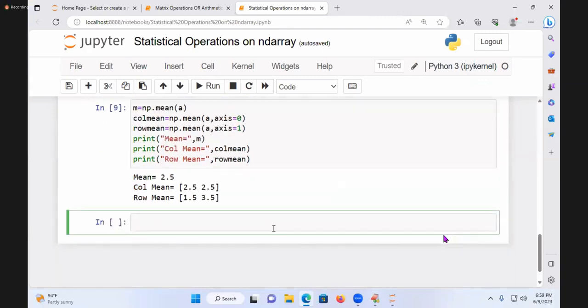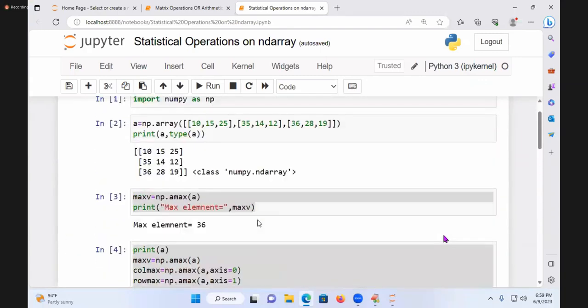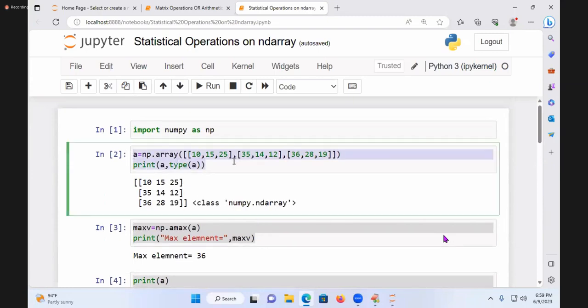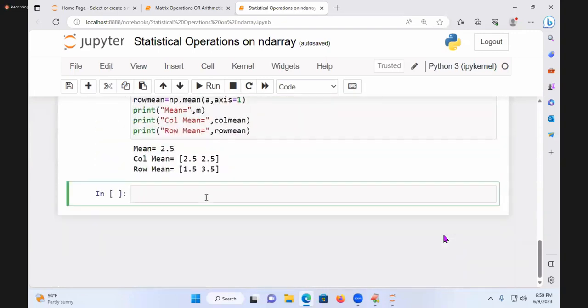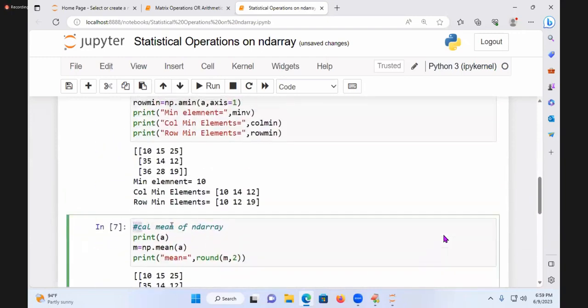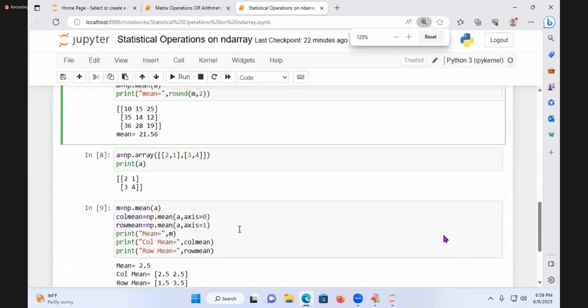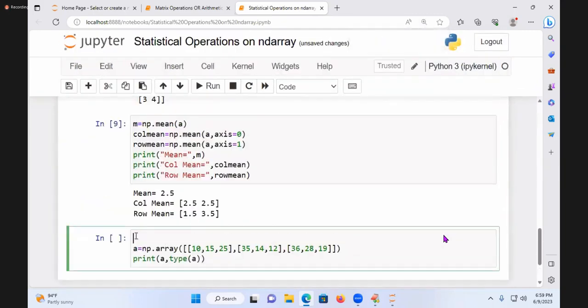So, I'll give you an example of that, follow me. Here I am going to take up this matrix.